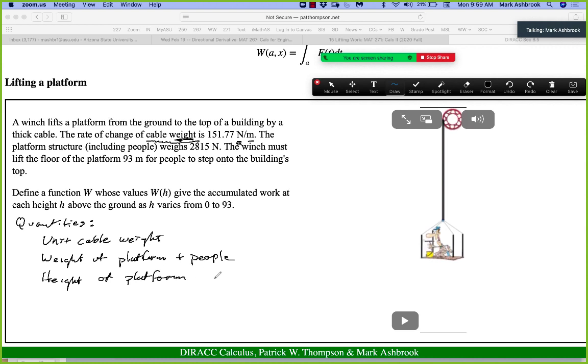Keep going, doing good. The work? Oh, sure, of course. The work done by the winch. Certainly a key, important thing here.